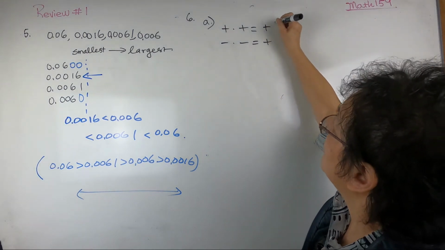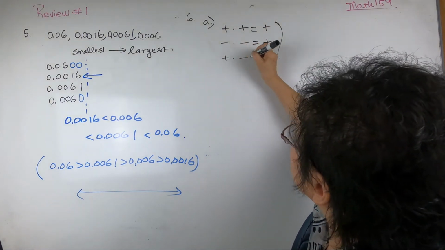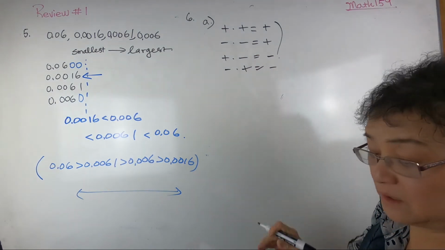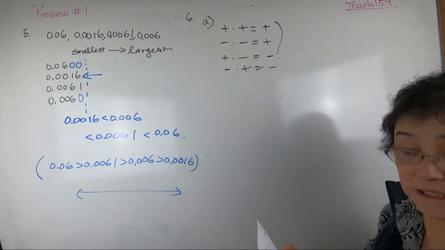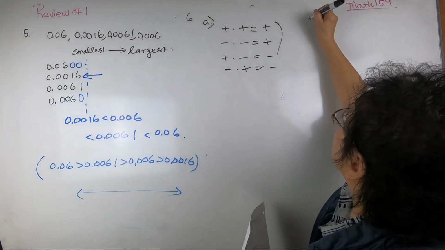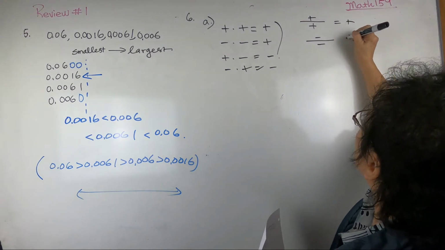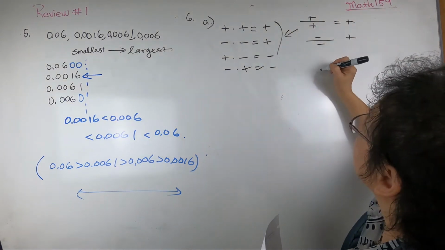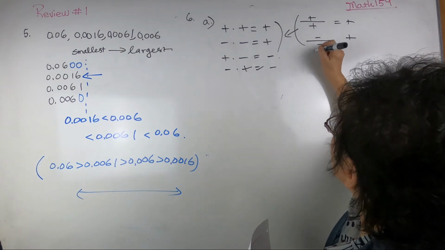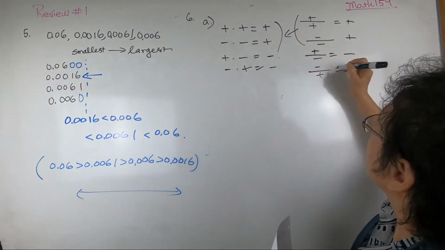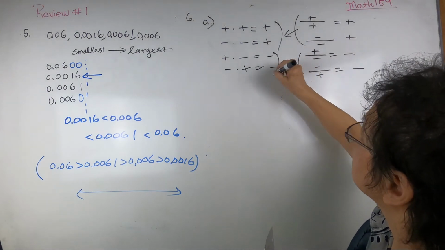It should all be positive. If different signs, then it should be negative, right? Adding and subtracting are different, right? So for the division, same sign, they should all be positive, right? Then different signs, it should be what? Negative. Same thing as those.